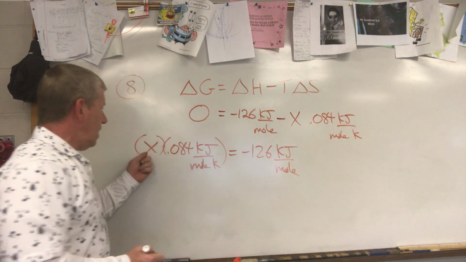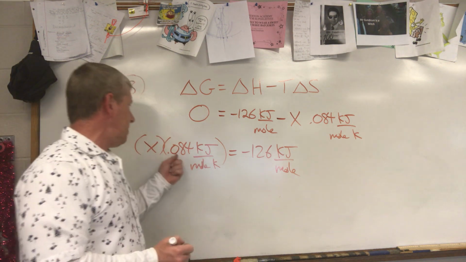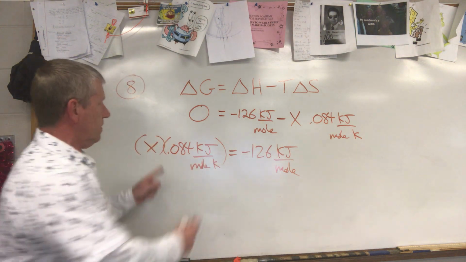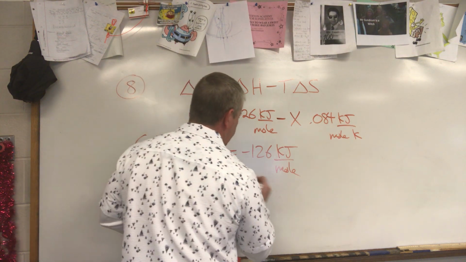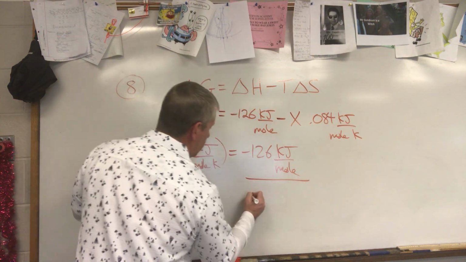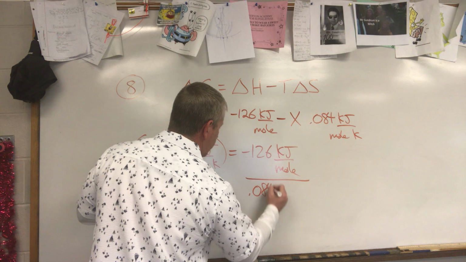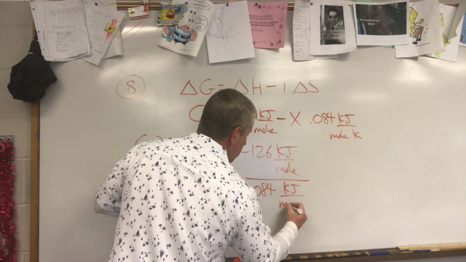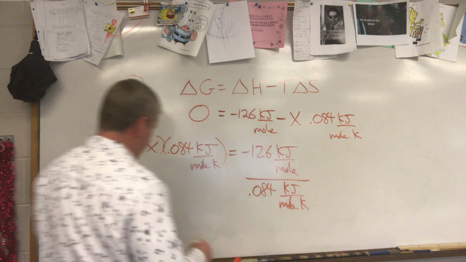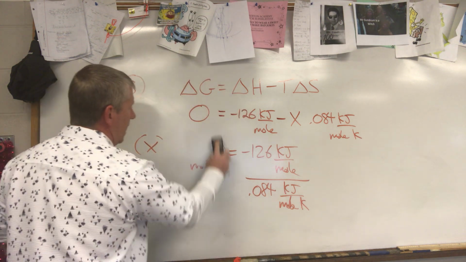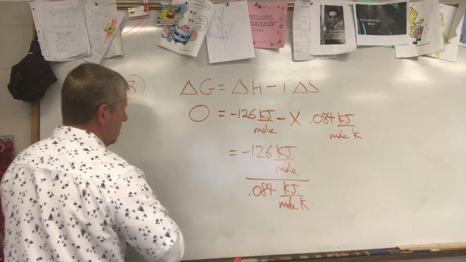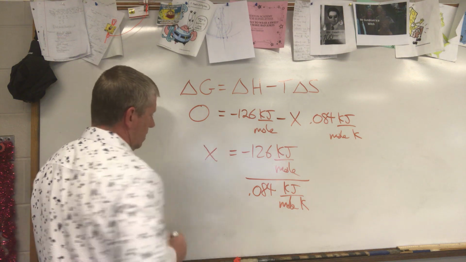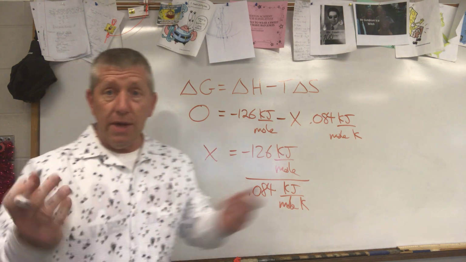Solve for X: divide both sides by 0.084 kilojoules per mole K. So my X is by itself. Put that X here, divide and do the math and you get the answer.